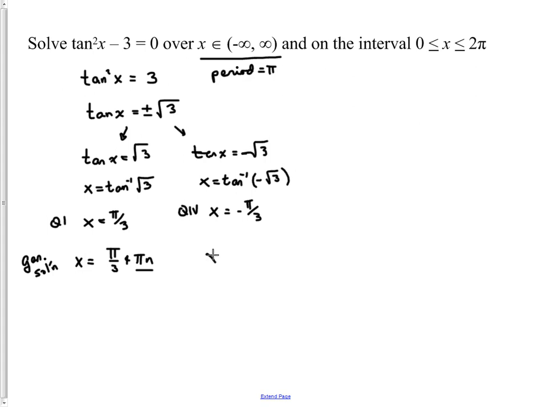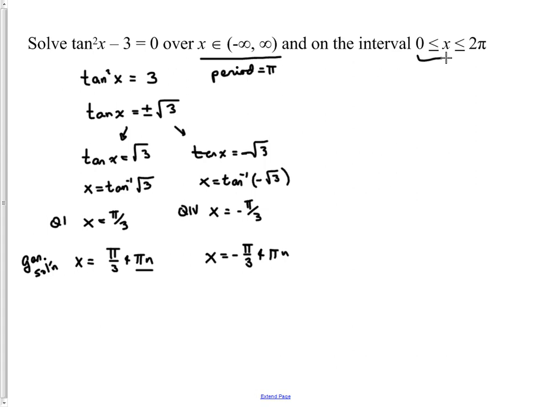But to get to the general solution, we have to add multiples of pi. So we're going to say negative pi over 3 plus pi n is a perfectly legitimate general solution. So from negative infinity to positive infinity, we have pi over 3 plus pi n and negative pi over 3 plus pi n. And that's all well and good.